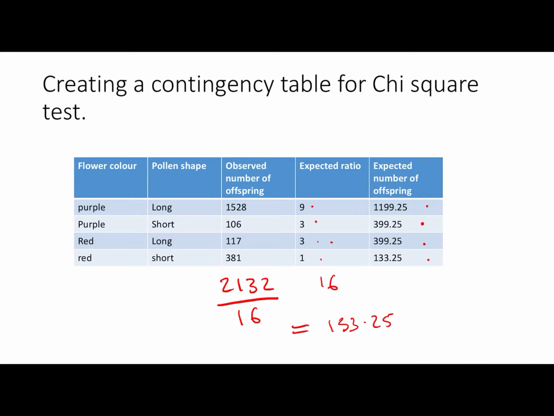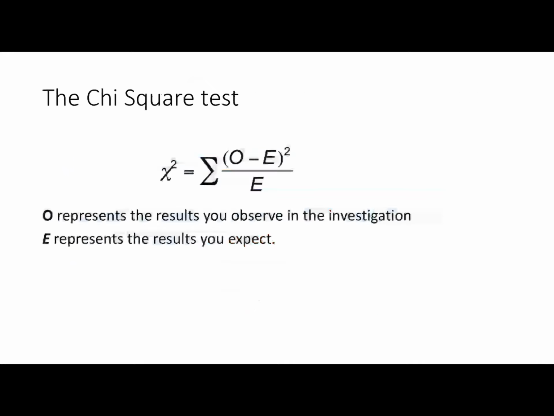Okay, so now we need to look at the chi-square equation. So this is the chi-square test, and this is the equation, and you can see that chi-squared is the sum of all the observed minus the expected squared, all over the expected. Now, just looking at this equation, you can see that the bigger the difference between O and E, the bigger the value we're going to get for chi-squared.